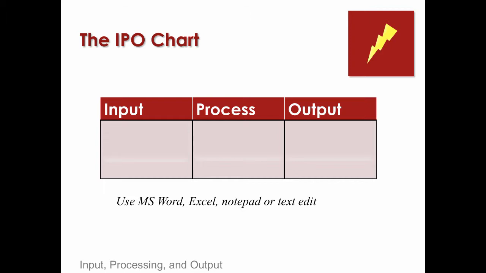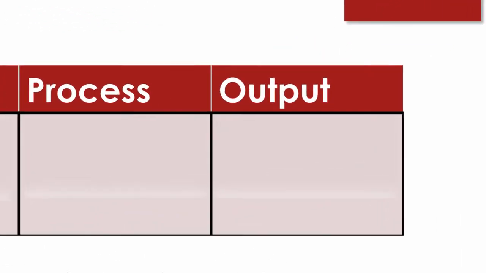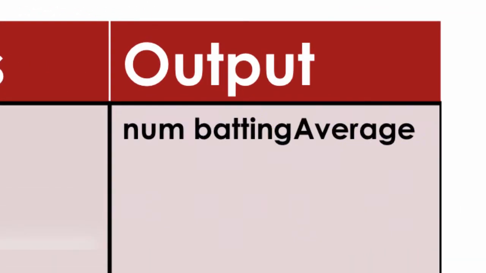And what goes in these tables are basically the names of the variables or the processes that they're going to do. Now, we always said that we have input, process, output, and we always start with output. So let's see what we said from our batting average example. We said, okay, we're going to have an output of a variable of type num. It's a number. And we're going to name that batting average.